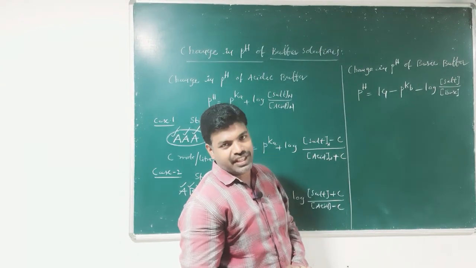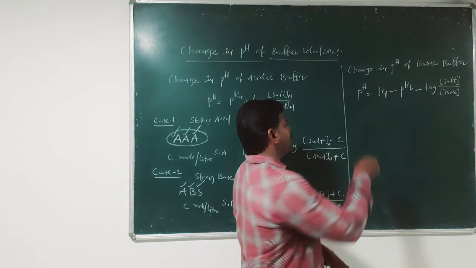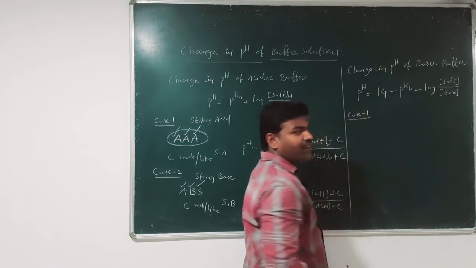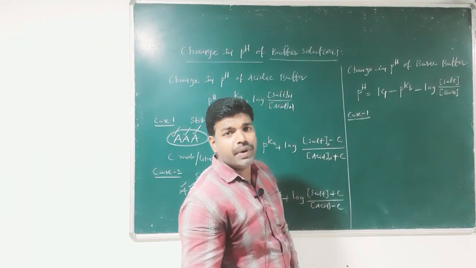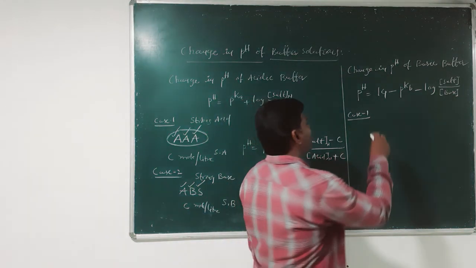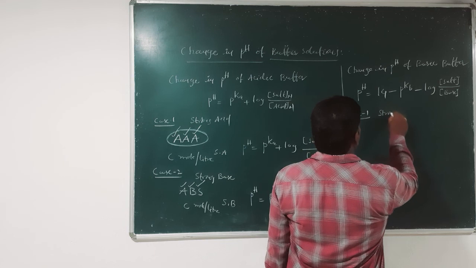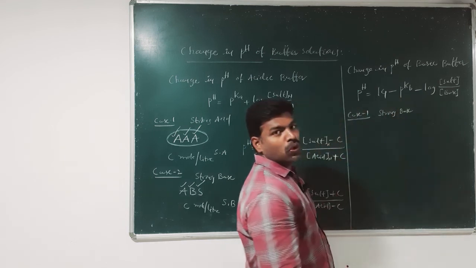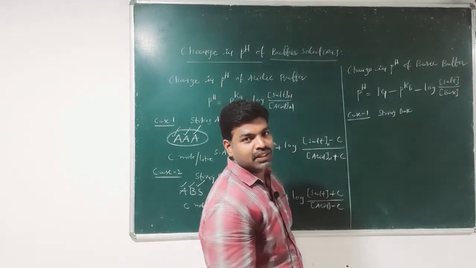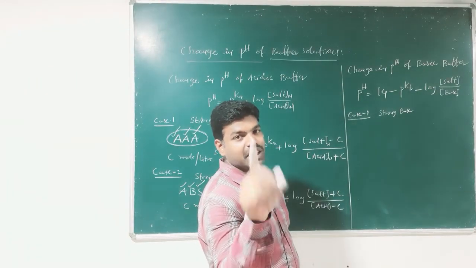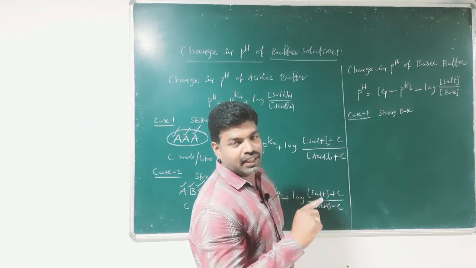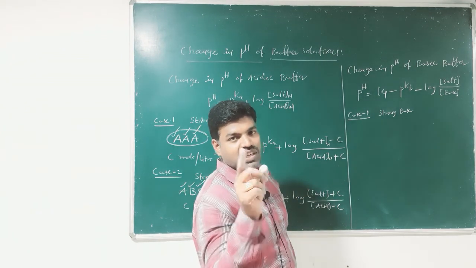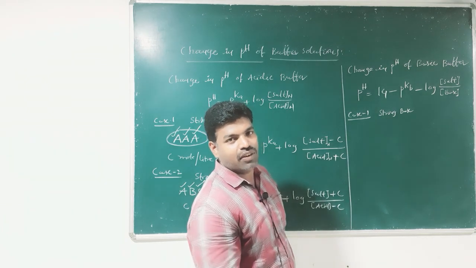acid to acidic buffer. So, case 1, when we add strong base to basic buffer, what happens? Already I had given the explanation for that in lecture 17. Please watch lecture 17 of my videos.